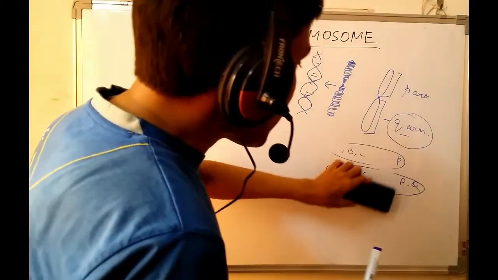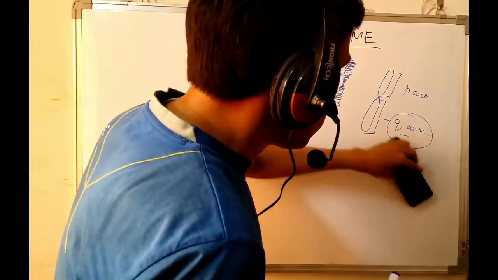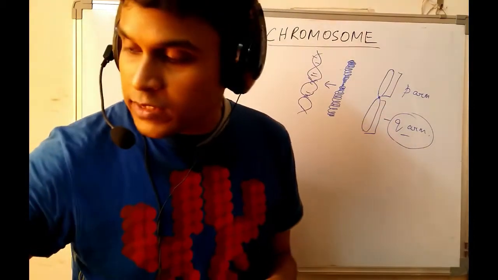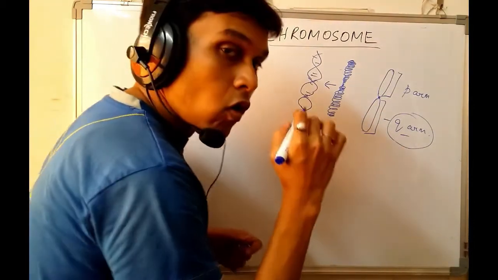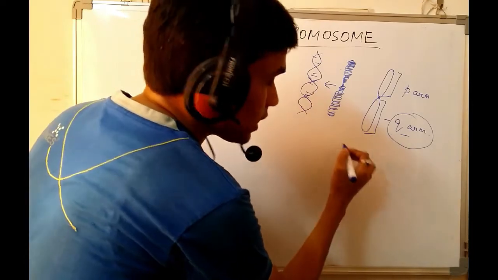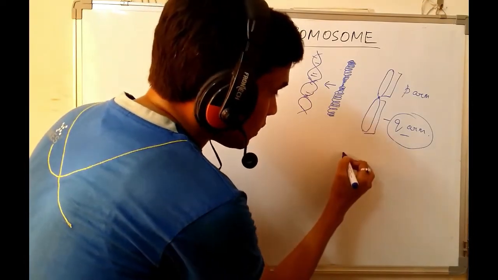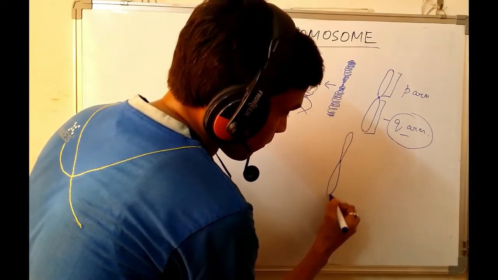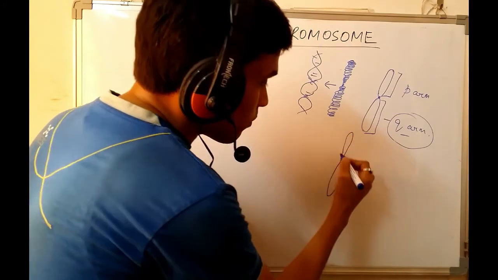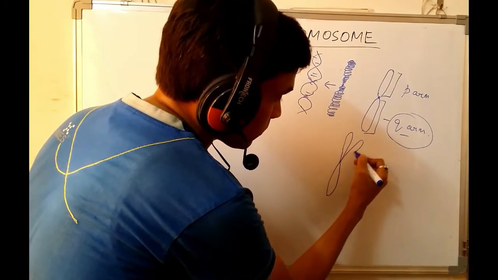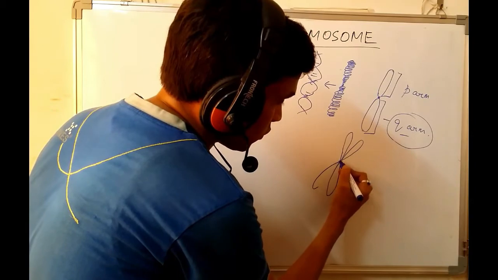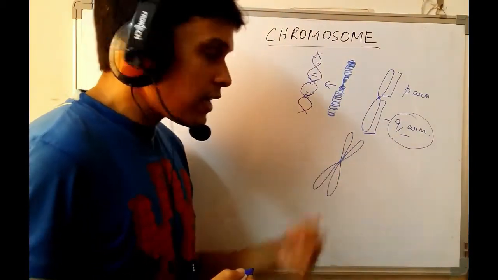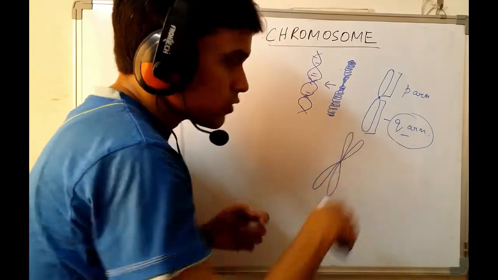So when should I say which one is a chromatid, and why is this not called a chromatid? A chromatid is only called so in a chromosome when this chromosome makes another copy of itself. When can you get this kind of structure?